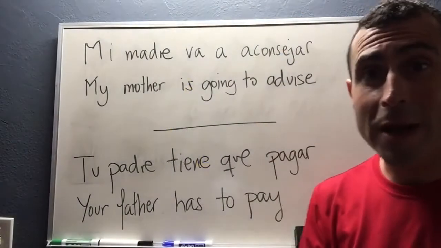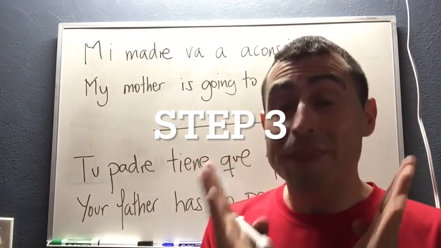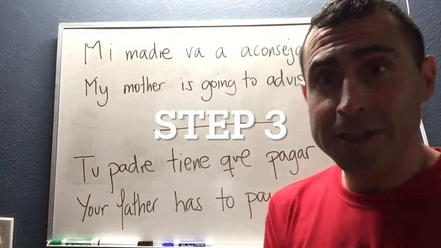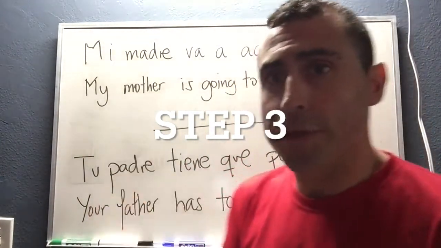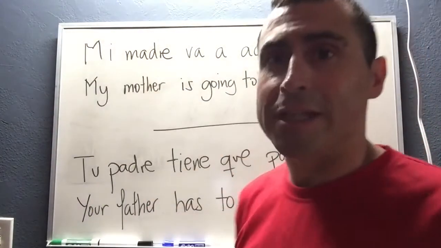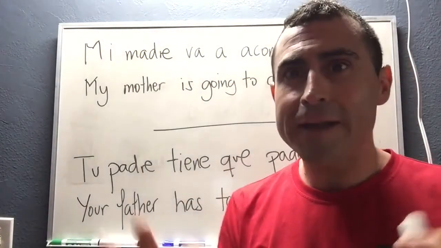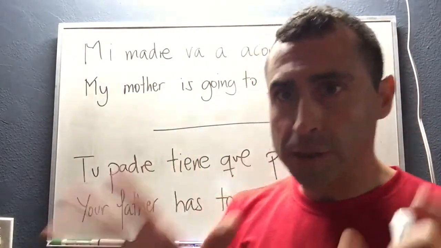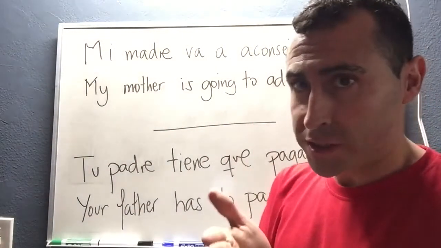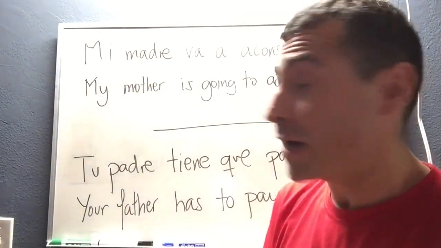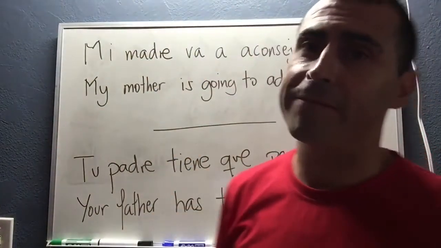I am again ready to show you the third step. And the third step is very simple. It's no other than giving the students the possessive adjectives and the vocabulary that suits perfect with the possessive adjectives. And this vocabulary is the vocabulary of the family.